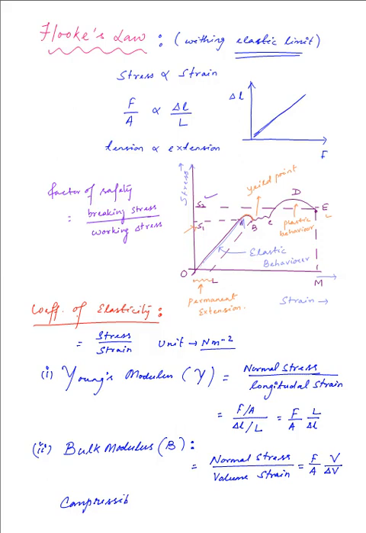So compressibility is simply the reciprocal of the bulk modulus, and the unit is similarly the inverse of that. Then we have the third term, that is the modulus of rigidity, or the rigidity modulus.